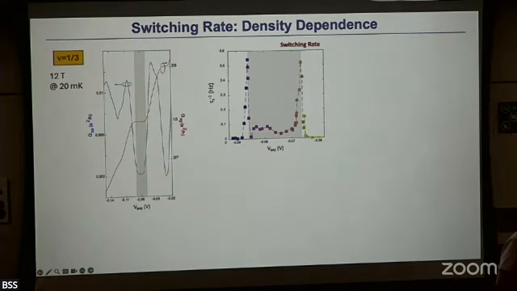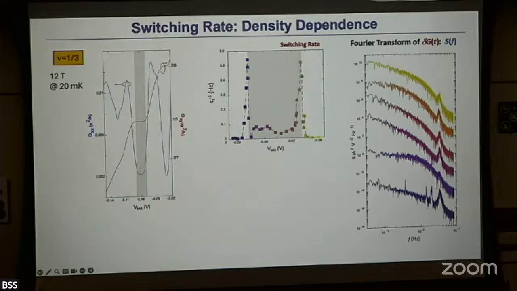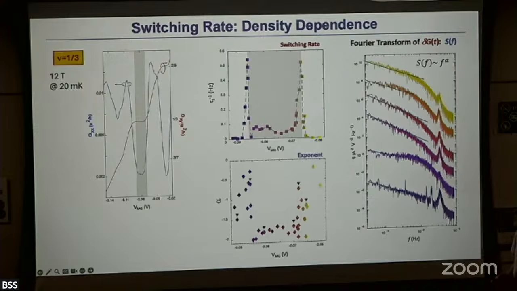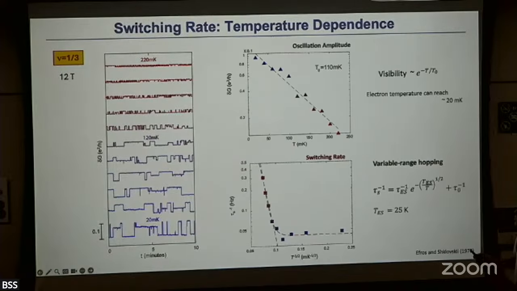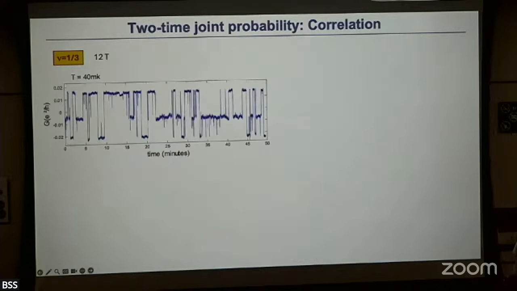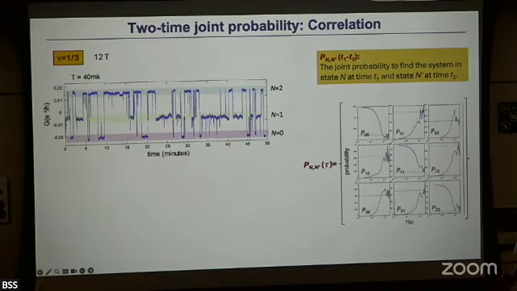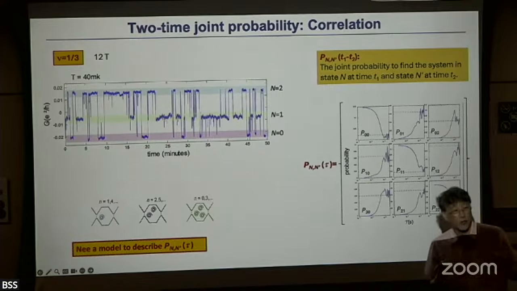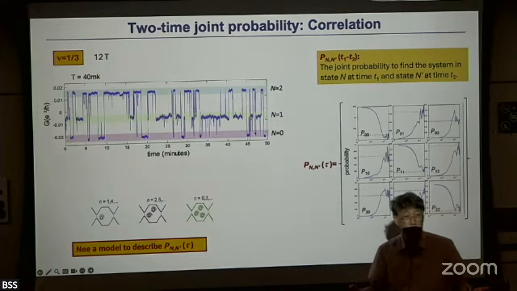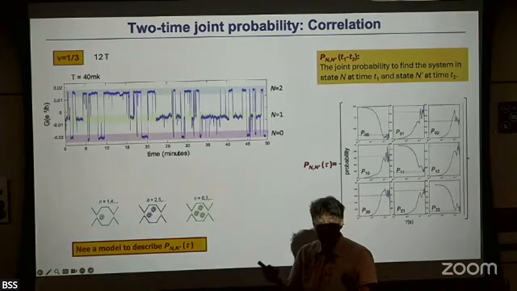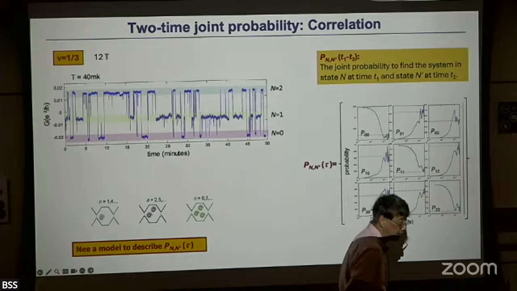You can look at how the telegraph noise changes over time, and you can get roughly how many trap sites there are and what the distributions are by analyzing the telegraph noise spectrum. I'm going to skip these things. With the temperature dependence, you can get somewhat informative results out of it. But nevertheless, I think we know that there are some few random traps inside the device that created the telegraph noise.